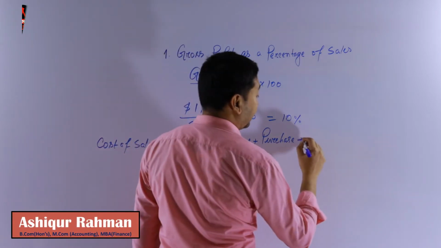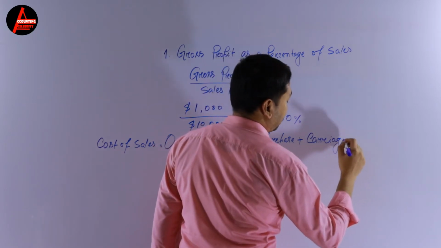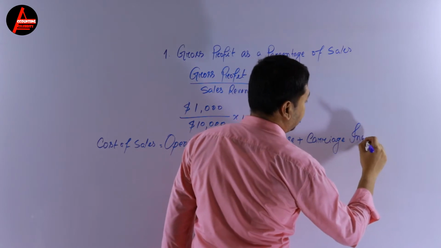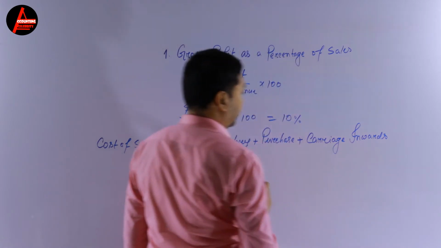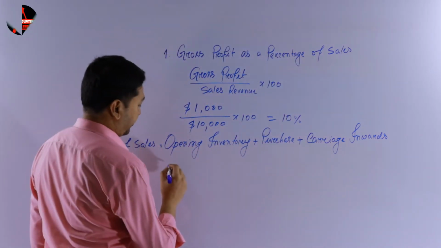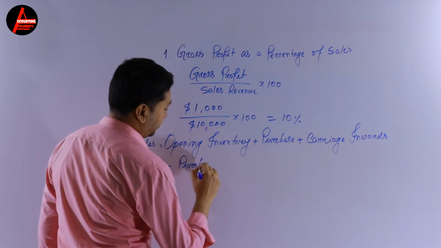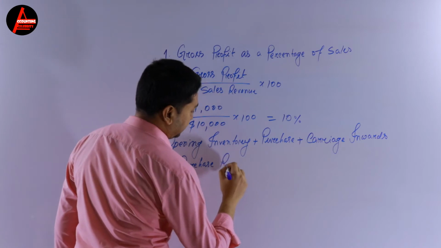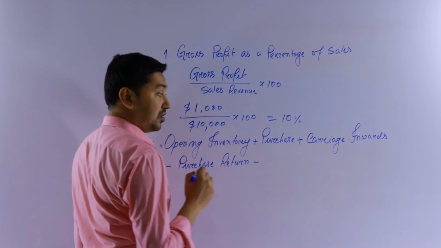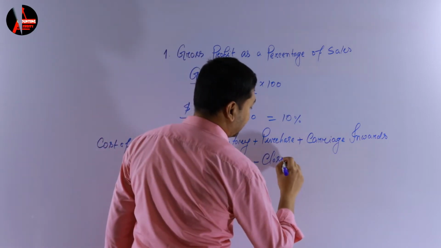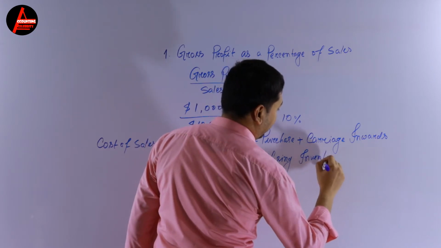Then you have to add carriage inwards, then you need to subtract purchase returns, minus closing inventory.